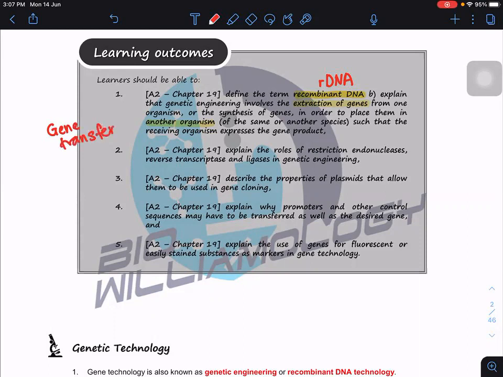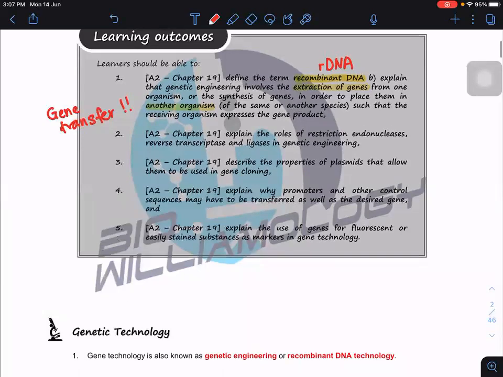But this gene transfer is not because of sexual reproduction or bacterial conjugation, but more of a man-made process. Basically, we cut a particular gene from one species and transfer it to another species, so that the receiving organism can now express the gene product.